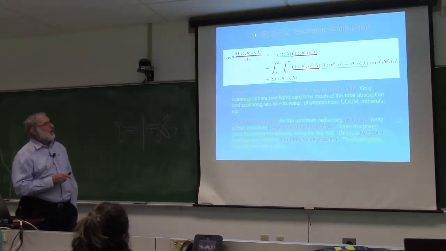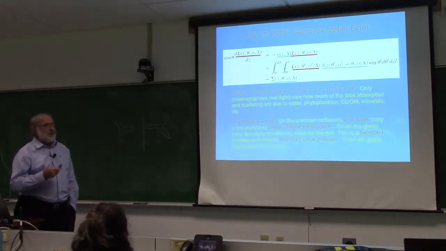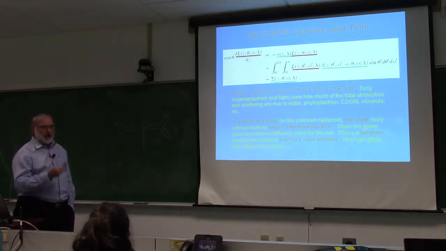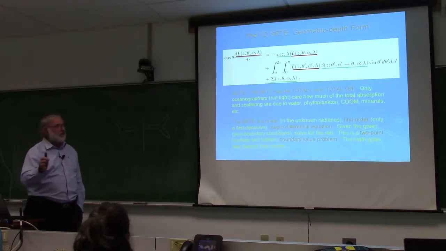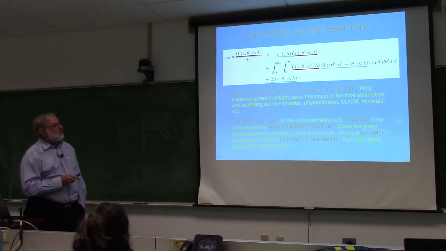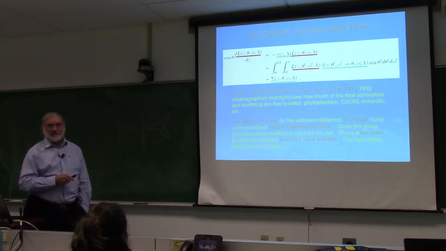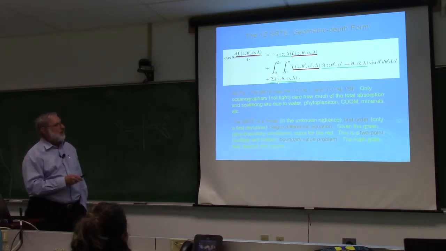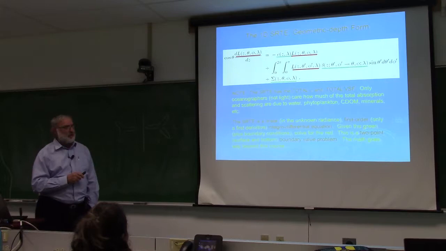So here's now our scalar radiative transfer equation written in terms of geometric depth. The name of the game when you solve this equation, no matter what technique you use, is you have to put in the IOPs, beam c, the volume scattering function, and if there's an internal source like bioluminescence, you have to put that in. You solve this equation and you get out what's underlined in red, which is the radiance distribution.